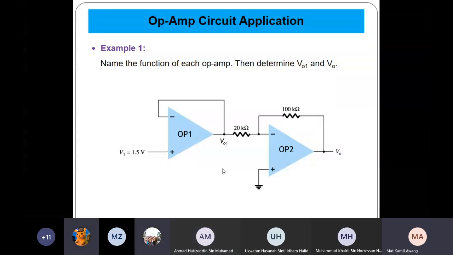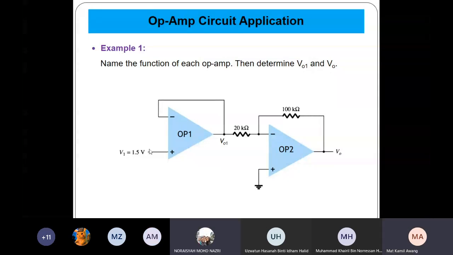Remember, a unity amplifier is actually a special case of the non-inverting amplifier. So V out one is plus 1.5 volt, because it is from the plus terminal. So you have 1.5 volt here.